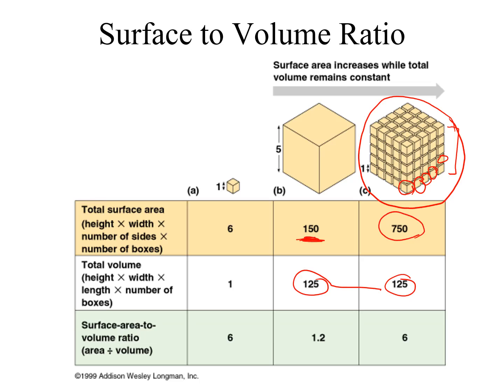If you do the math, our surface area is 750 square centimeters. Our volume is 125 cubic centimeters. If you just divide 750 by 125, our surface to volume ratio is 6. It's the same as it was for the little cube, even though it's a much larger structure. The structure itself is as large as the big cube.